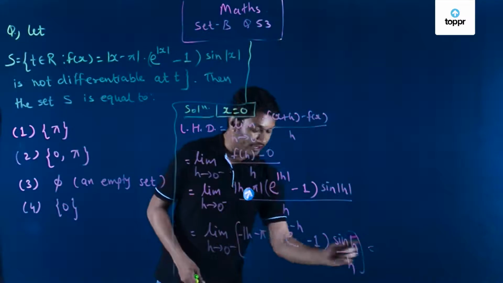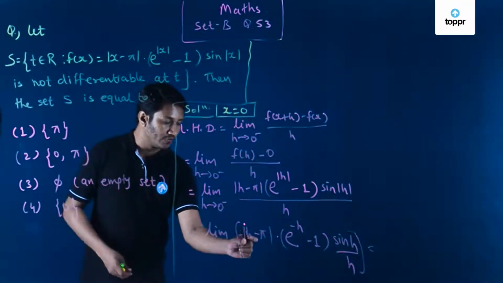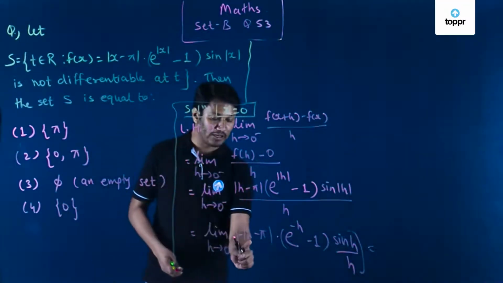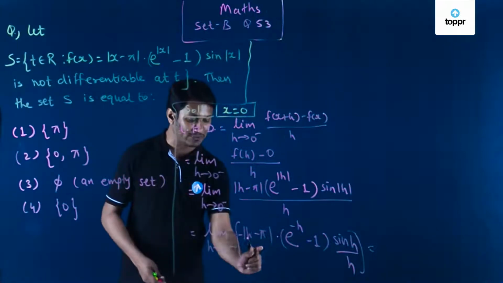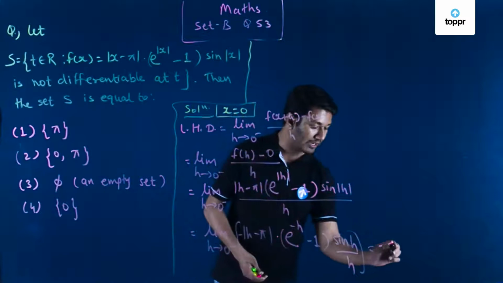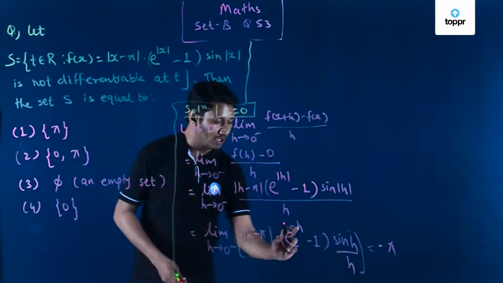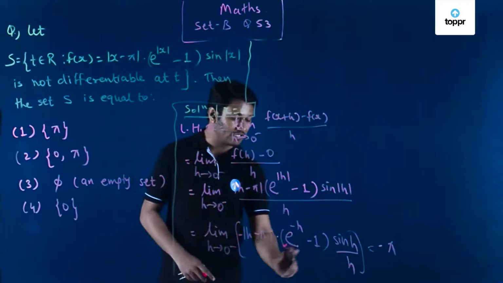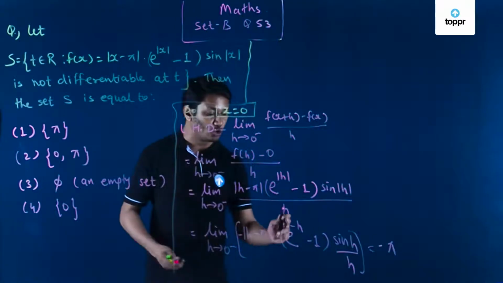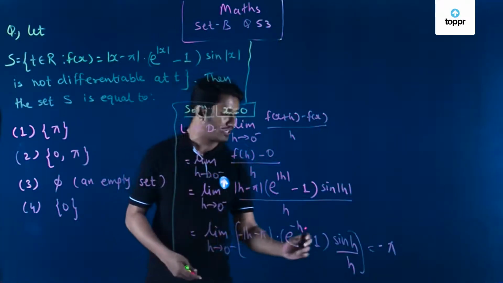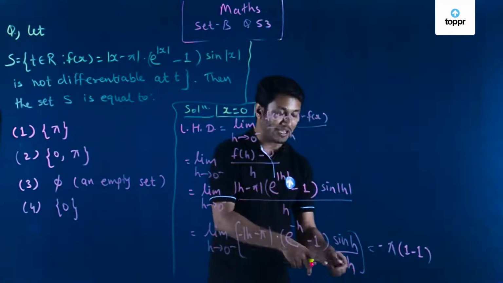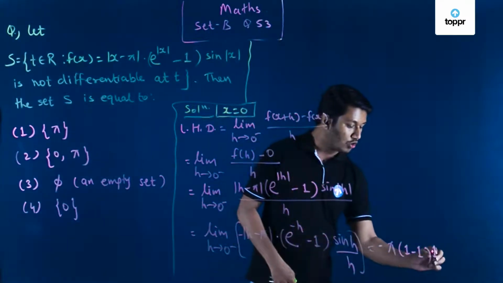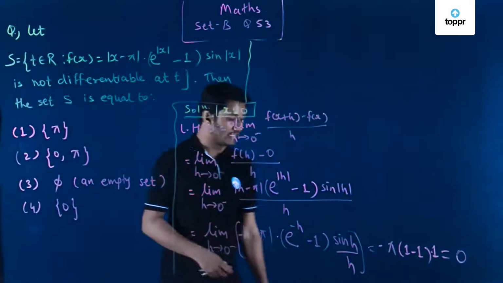Now let me apply the limit on each and every term. h is tending to 0 minus, so this will become 0 minus pi, but mod of minus pi is pi, with a minus sign, so minus pi. Because h is tending to 0 minus, e power minus h will tend to e power 0, which is 1. 1 minus 1 is what we get here. And we know that sin h by h will tend to 1. So this whole limit becomes equal to 0.